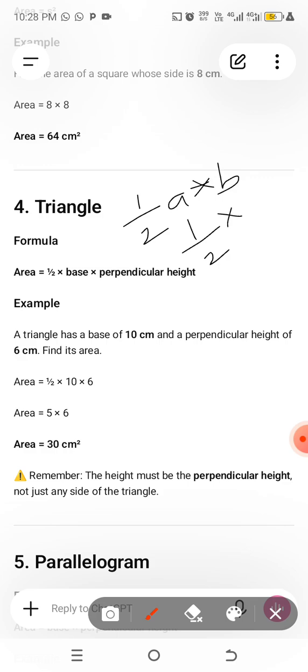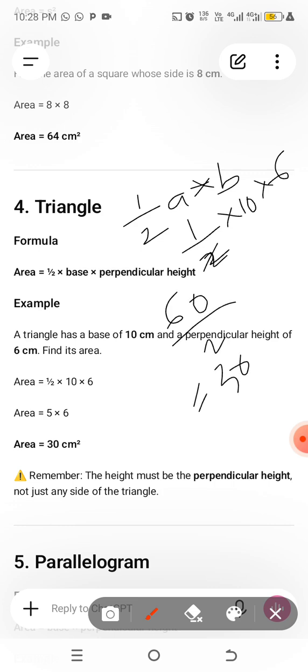If they give us a as 10 and b as 6, I'll just say 10 times 6, that will be 60 over 2. That will be equal to 30 centimeter square.